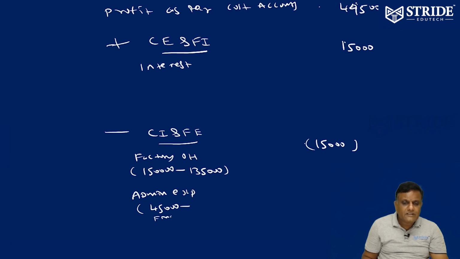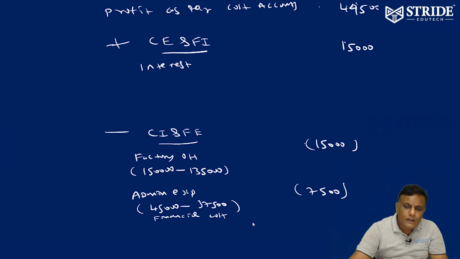As per cost, admin expenses 37,500. Again under absorbed, more financial expenditure. The excess admin expenditure is 7,500. That is to be subtracted.